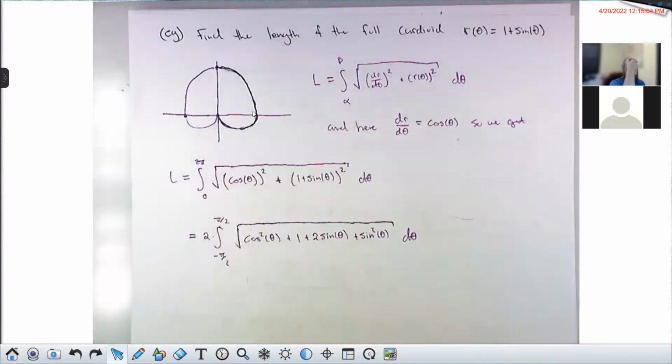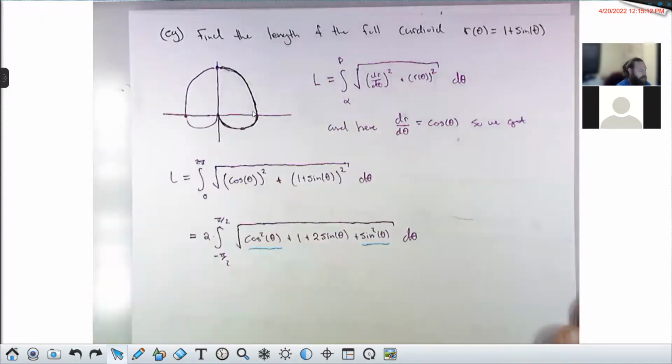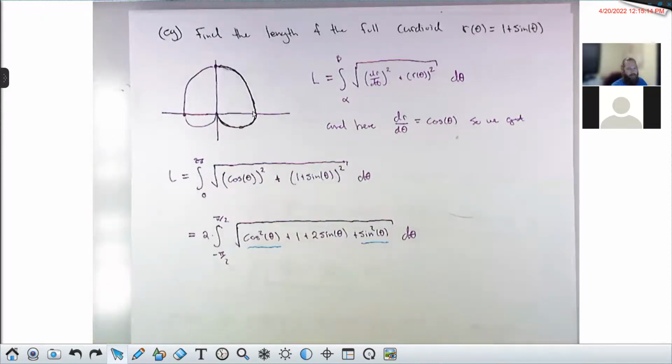Okay. The cos squared plus sine squared here adds up to 1. So between the two blue pieces I've got 1 plus 2 sine theta.